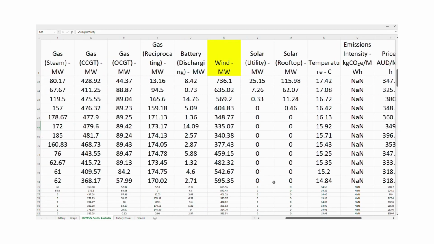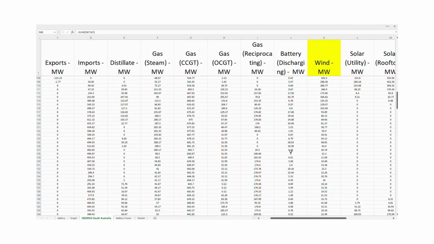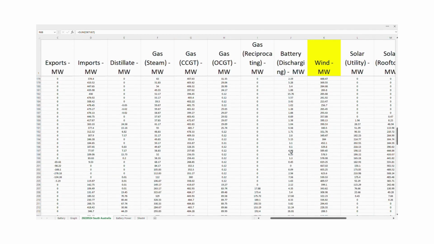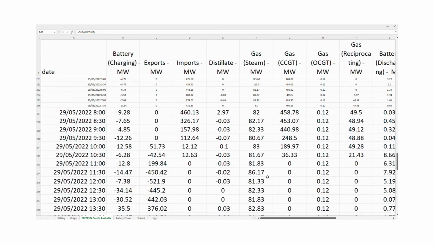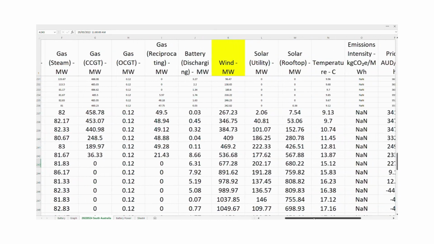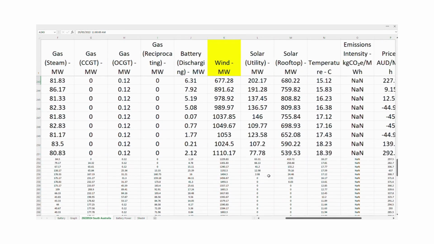So this low wind situation kept on and on and on for quite a little time, for about 4 days, until the 29th of May in the morning at 11 o'clock. You can see the wind power increase, and it stayed up.